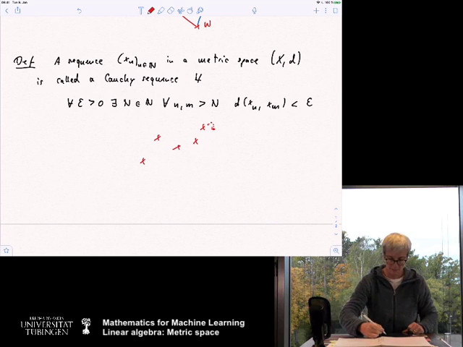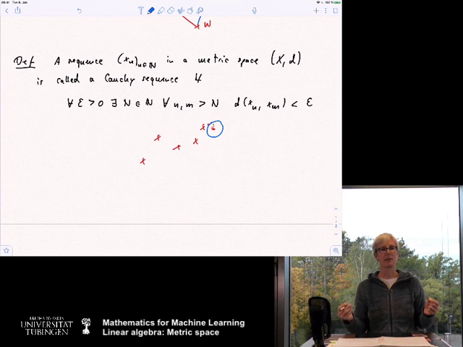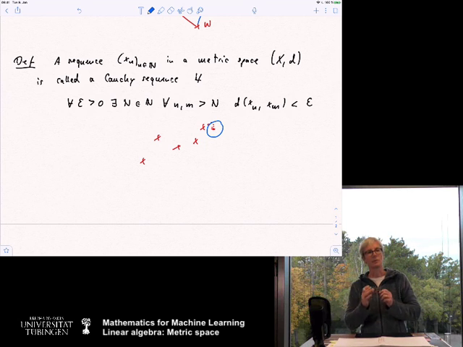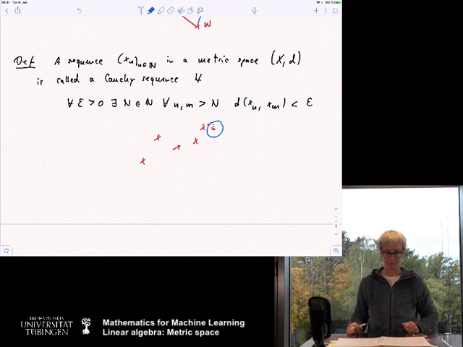So maybe I draw another picture here. In a metric space, you can imagine there's going to be a little ball of radius epsilon, and if you proceed long enough in your sequence, if the index is high enough, then everything is going to live within this little ball. That's one way of seeing it.